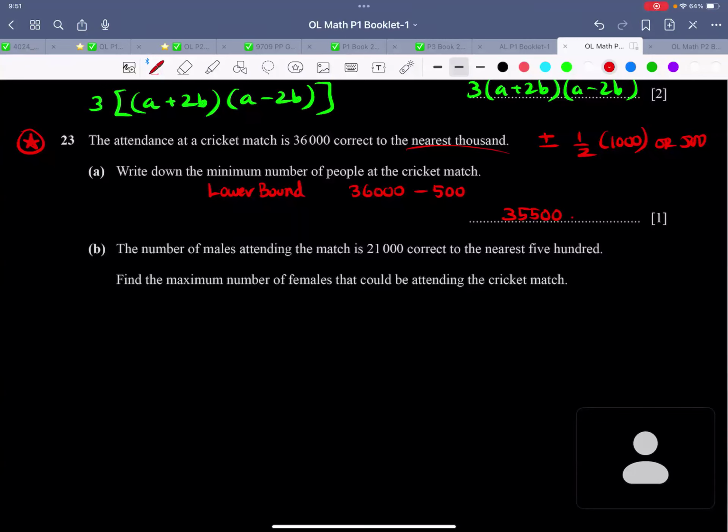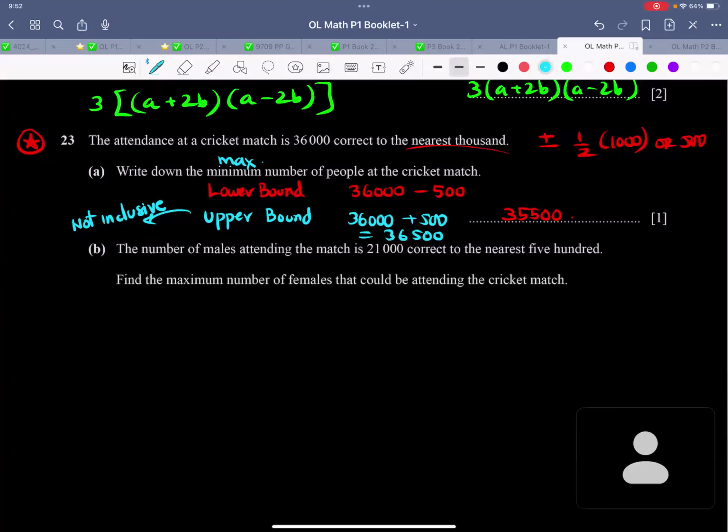Now, if I were to ask about the upper bound, I'm just asking this myself, and if it asks for the maximum number of people, that would be 36,000 plus 500. That will be 36,500. But keep in mind, the upper bound value is not inclusive.